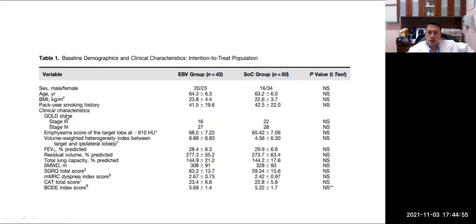And what I want to show you here is that if you look over here, residual volume, these patients were very hyperinflated, as you can see. And so the minimum residual volume that we want to see is 200% for homogeneous patients. Okay, so those patients have higher RVs than the heterogeneous patients. Everything else is about the same in terms of the selection criteria.